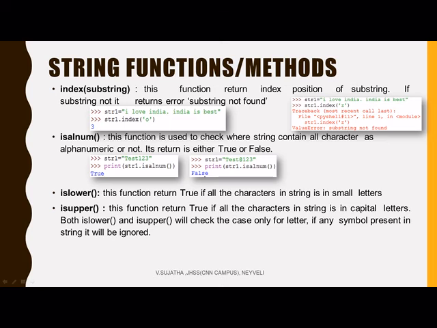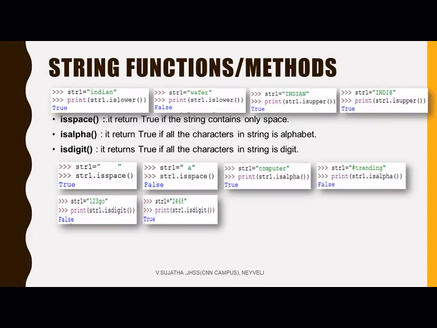In the same manner, islower checks whether all the characters are small letters, and isupper checks whether all the characters are uppercase, capital letters. See this example. In the same manner, isspace, isalpha, isdigit, like that. See here, Indian, all the characters are in lowercase, so true.